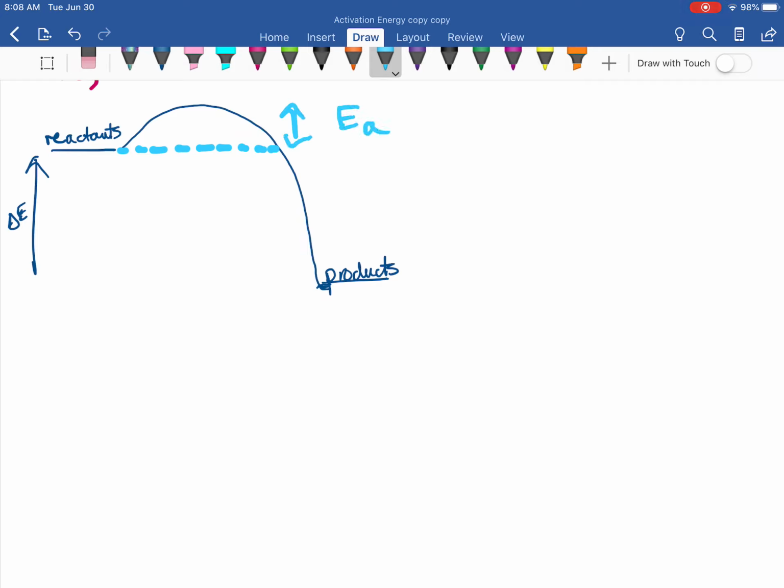That is our activation energy. And then in our thermo, this is that change in energy that tells us this is exothermic. And then what does a catalyst do? Let's color code that. Our catalyst lowers that activation energy.